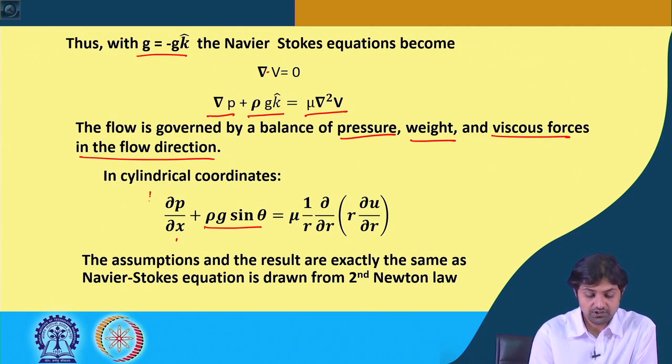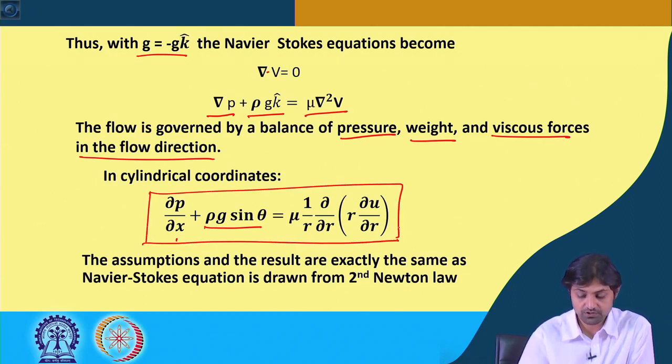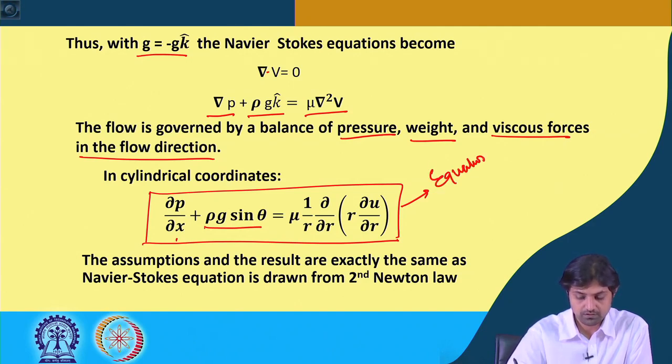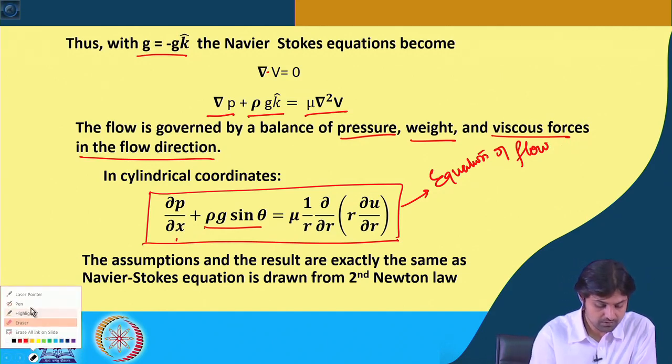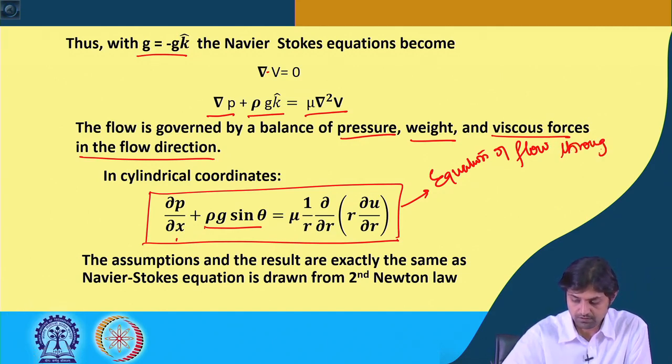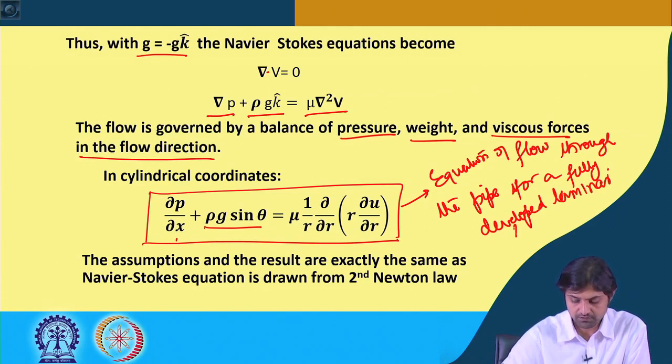So, this is using the Navier-Stokes equation, the equation of flow through the pipe for a fully developed laminar flow.